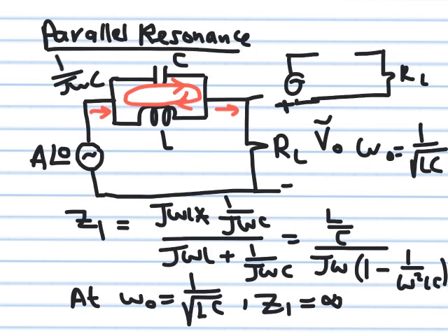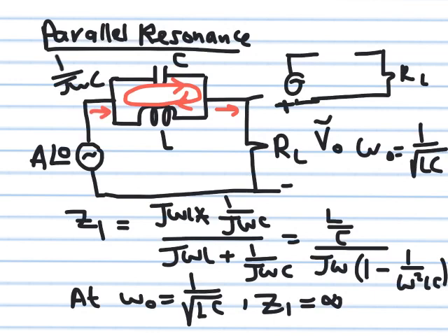Which is really a fascinating idea if you think about it. Each one of them will store energy in one half of the cycle, and then give it to the other in the other half of the cycle, and they keep on doing that. They create their own loop. They resonate together and ignore the rest of the circuit, and as a result, this part becomes an open circuit.